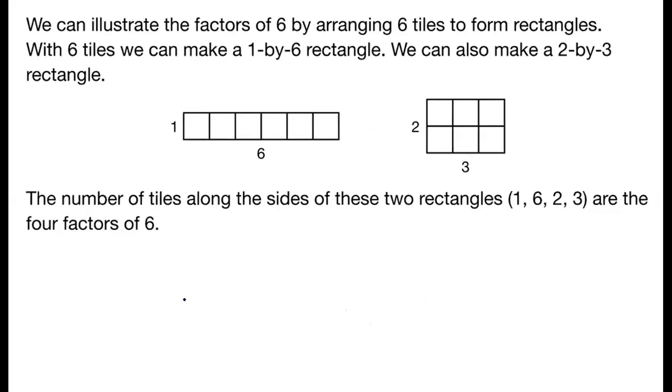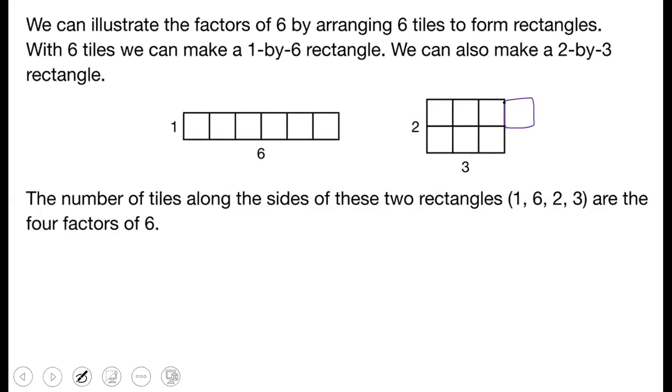We can illustrate factors of 6 by arranging it in tiles, just to help us to see what it looks like. Whenever we arrange these tiles, they have to be equal. You couldn't have another box over here, because that wouldn't work. They have to match up exactly and have a partner.